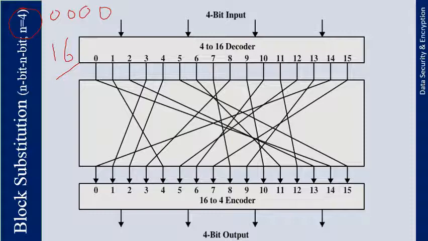If you have a fixed output for each of the 16 inputs, your attacker can identify the patterns and can get the statistical information to actually decode the message. So this weakness is problematic in substitution ciphers, especially when you have a small block size.